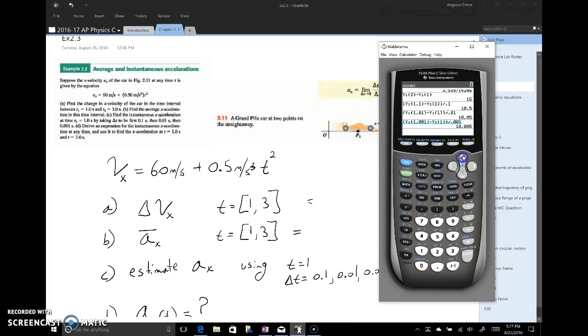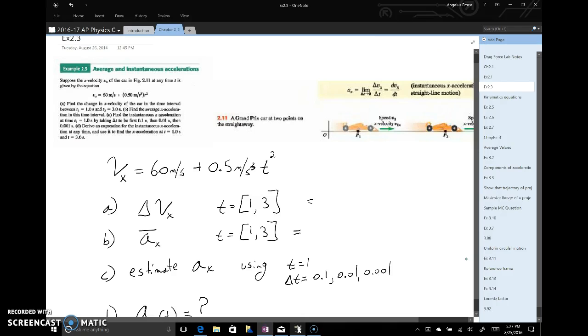So we can reuse this entry up here since we changed y1. Go from 1 to 3. And so our change in the x component of our velocity over that time interval is 4 meters per second.